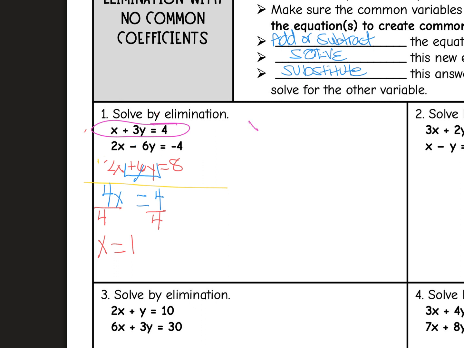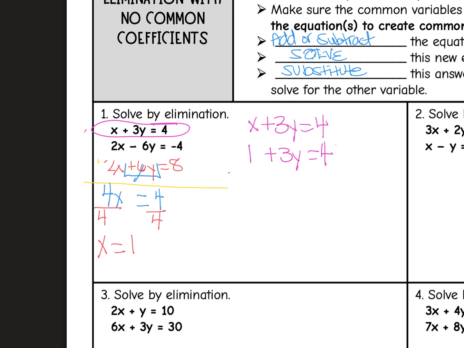So here I'm just going to rewrite the equation that I want to use just so we can take a look. And now I have 1 plus 3y equals 4. Whoops, equals 4. That's not a 4, that's a 5. Ooh, okay, equals 4. See, got a step ahead of myself. And now I'm going to solve the equation.